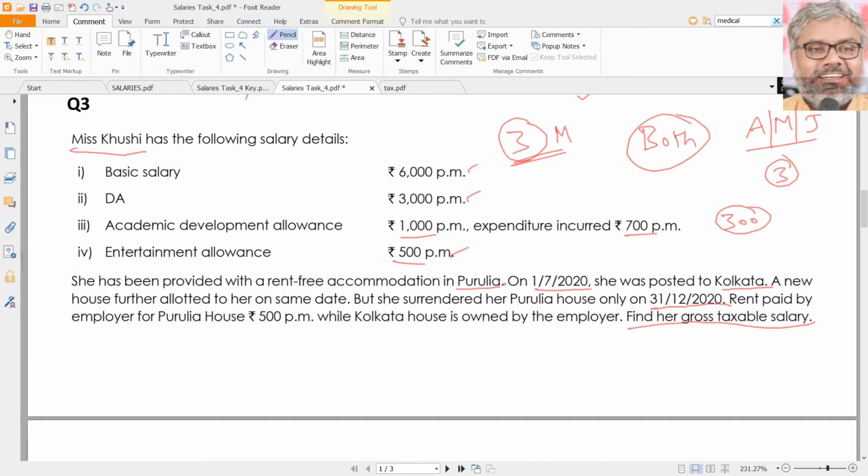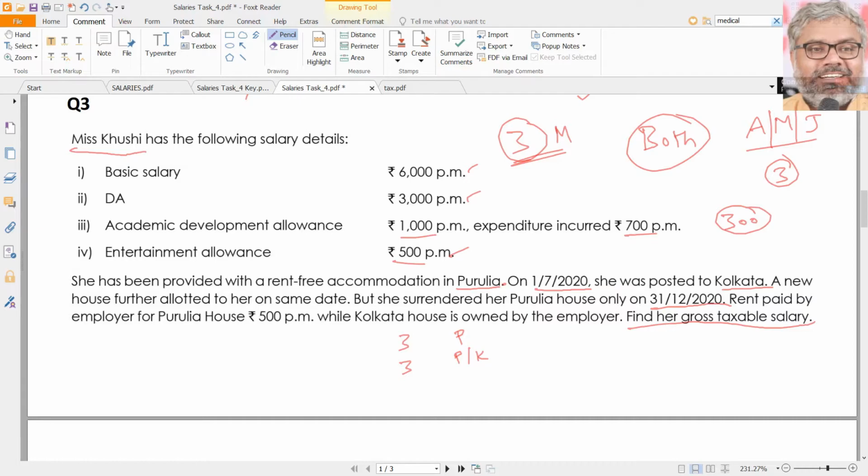As simple as that. So we have to divide the total year into multiple periods. That is the main point here, right? And how to divide that? First 3 months, only the Purulia house will be taxable. Then July, August, September, one of them. Which one, we don't know. We have to calculate that. For those 3 months, whichever one is lower, that will be taxable.